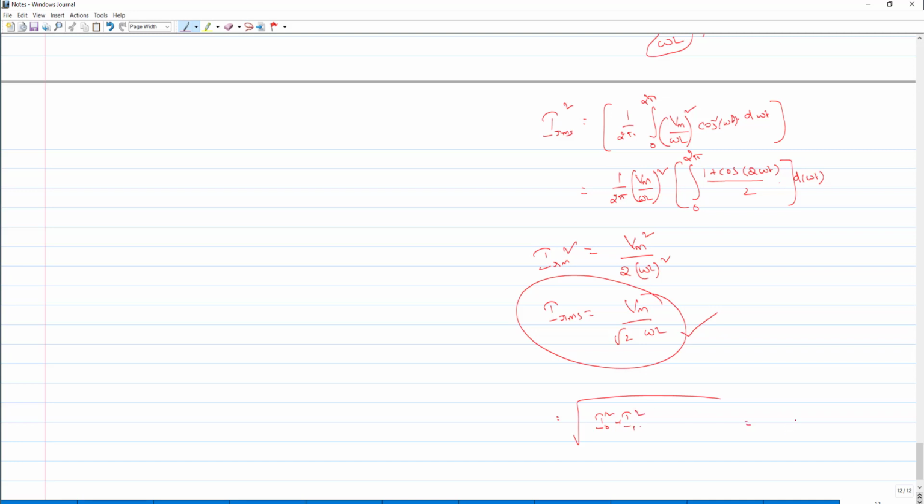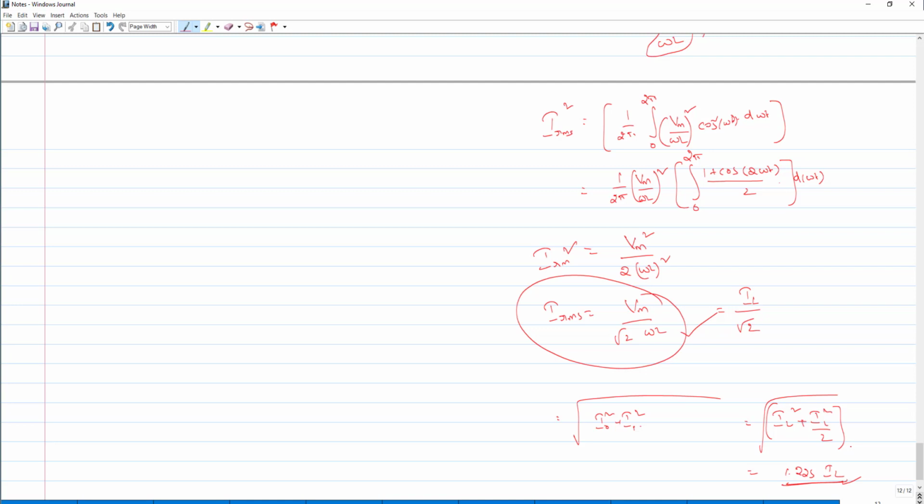Vm by root 2 omega L can be written as IL by root 2. So this is IL square plus IL square by 2, whole to the power of root. If you compute that, it is approximately 1.225 IL. This is the complete RMS value of the rectified current.